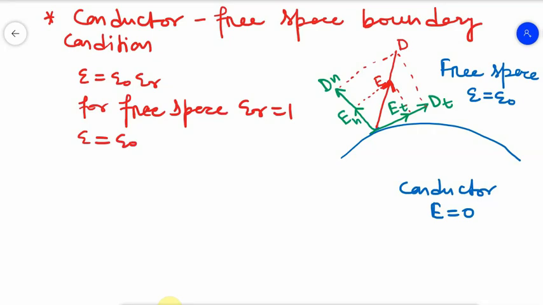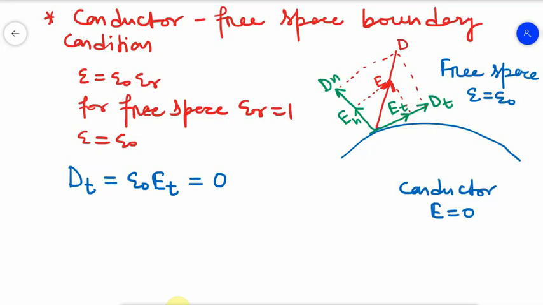Now the electric field E must be external to the conductor and normal to its surface. So the boundary condition in this case is very simple. Dt equals epsilon 0 Et, and this is 0, because the electric field must be external to the conductor and normal to its surface.